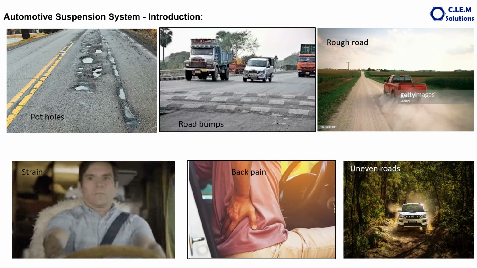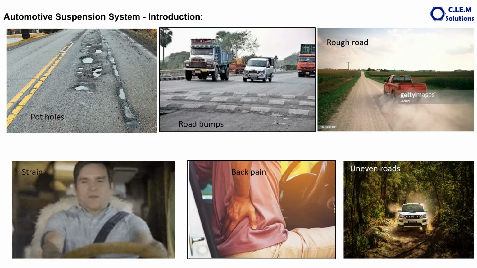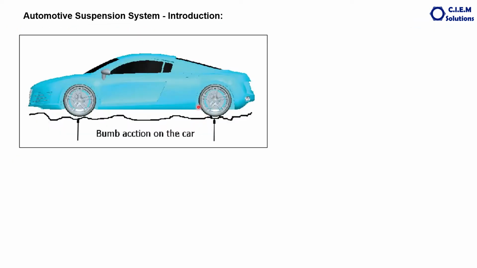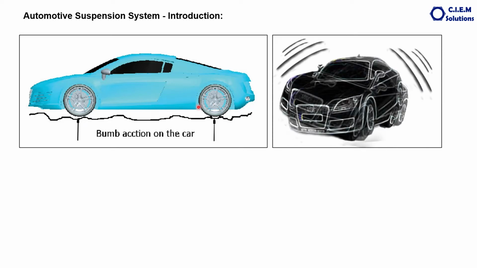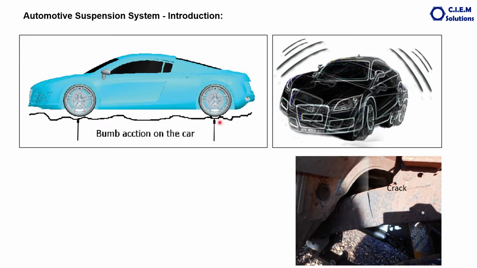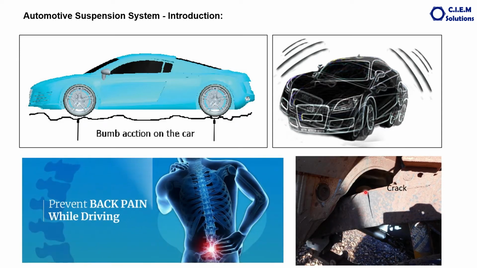of the vehicle. So what are the main functions of any suspension system? This kind of bumping action leads to vibrations, then cracks, and spine problems. To overcome all these things, there are three critical functions of any suspension system.